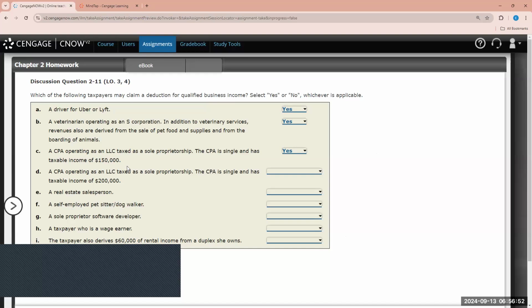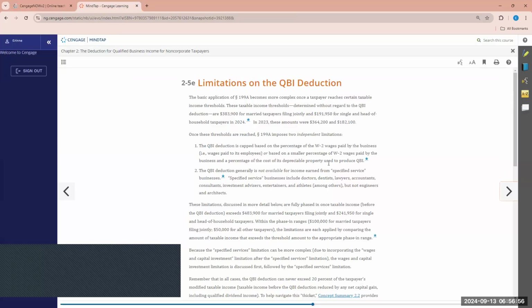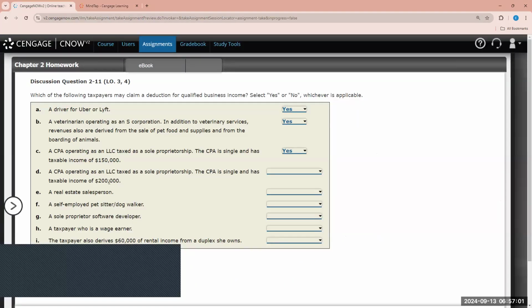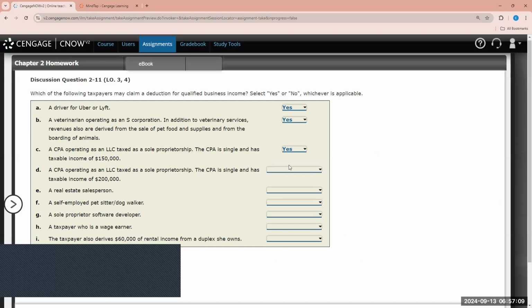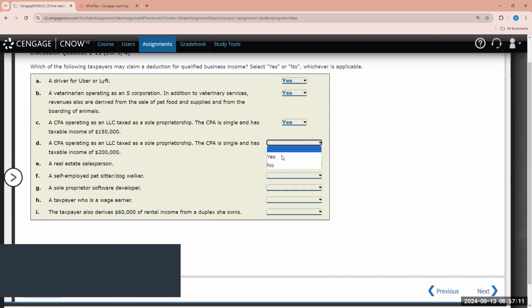It's below the threshold for 2024 of $191,950. However, in example D, we see the taxable income is $200,000, which is above the threshold. Hence, there will be a reduction of QBI. So just something to keep in mind. Yes, they are qualified, but there is a reduction because of the taxable income level.